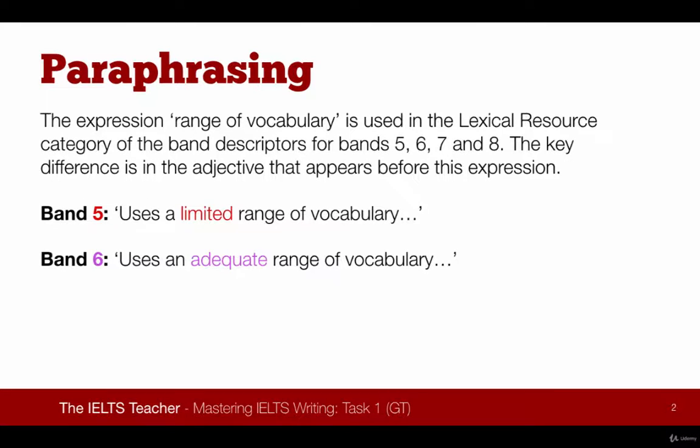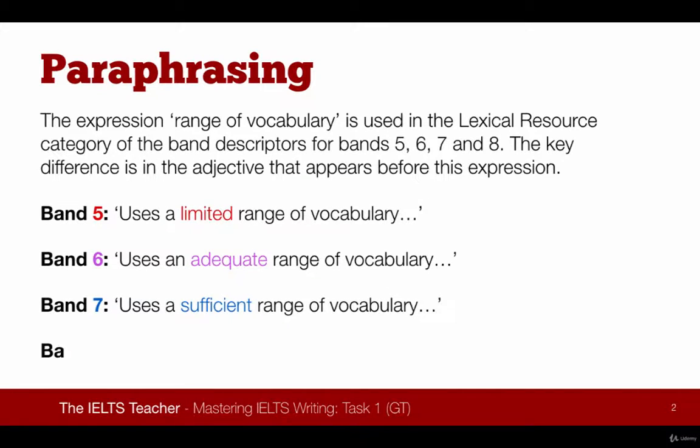Band 6 uses an adequate range of vocabulary. Band 7 uses a sufficient range of vocabulary, and Band 8 uses a wide range of vocabulary. Now, ignoring the issue that adequate and sufficient are mostly synonymous adjectives and they can mean the same thing, you can see that in general, the more range, the better. The greater your range of vocabulary, the higher your band score will be.